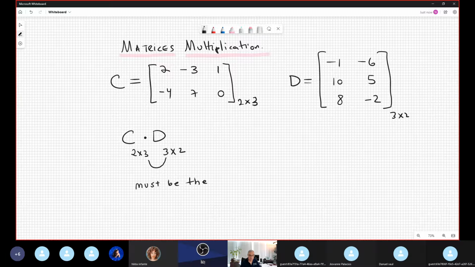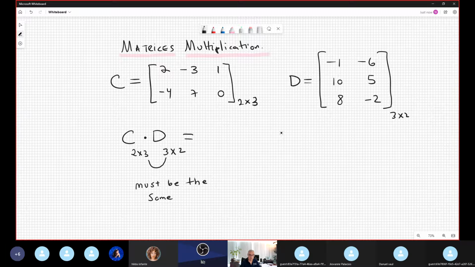In other words, the number of columns in the first matrix must be the same as the number of rows in the second matrix. If these do not match, the answer is that it is impossible to perform the multiplication. This is the only requirement.